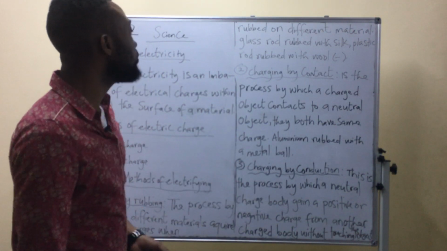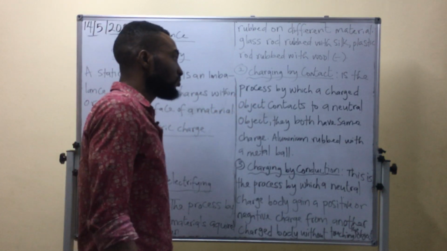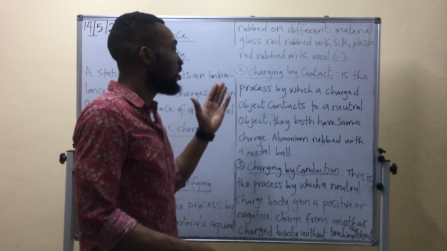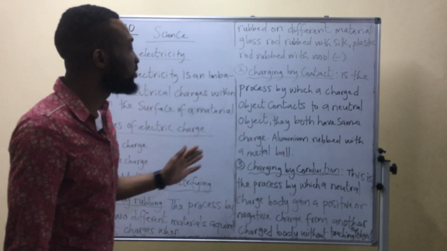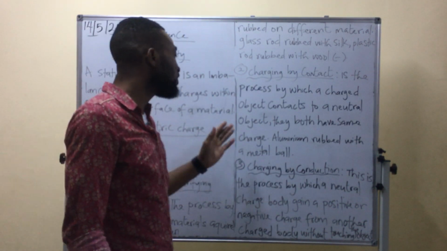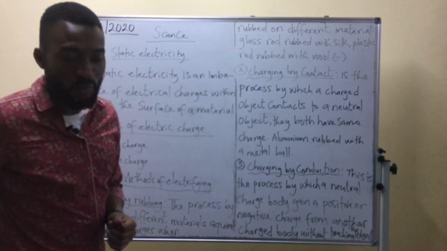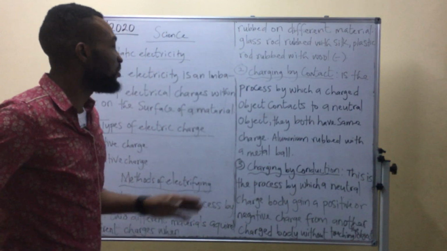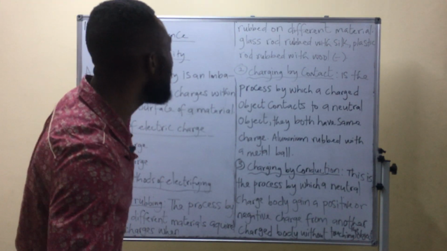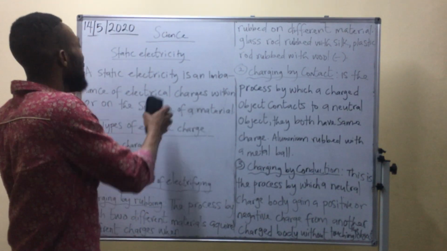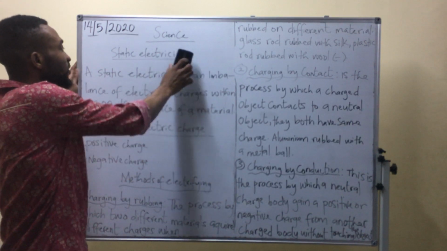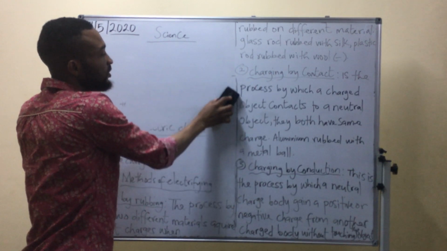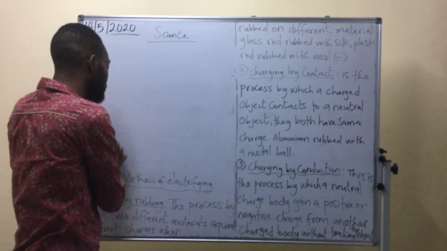The next one, number two, charging by contact. It is the process by which a charged object makes contact with a neutral object. They both end up with the same charge, that is aluminium being in contact with a metal ball. When you take aluminium and use it to touch a metal ball, I will rub this place off so that I can make a brief explanation on this charging by contact.